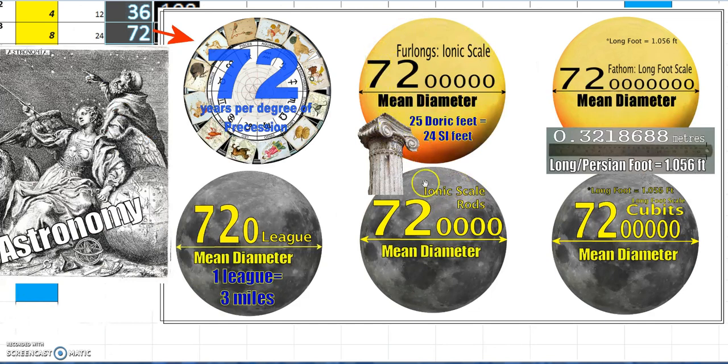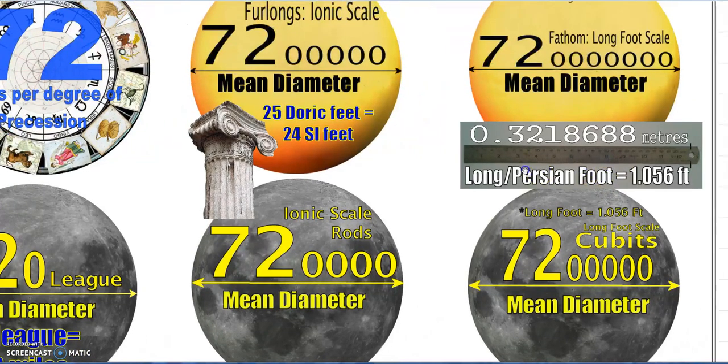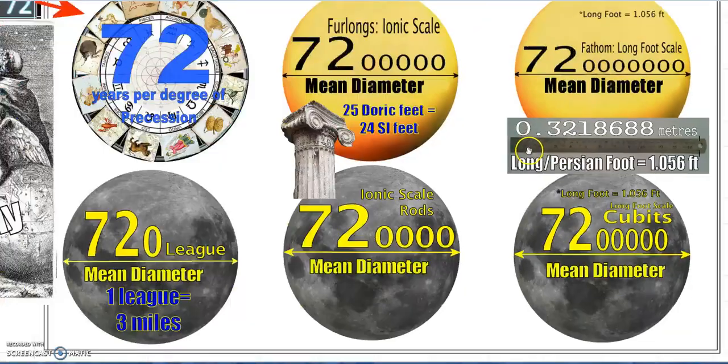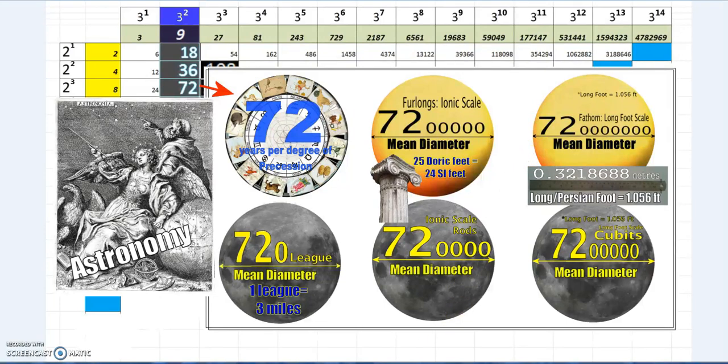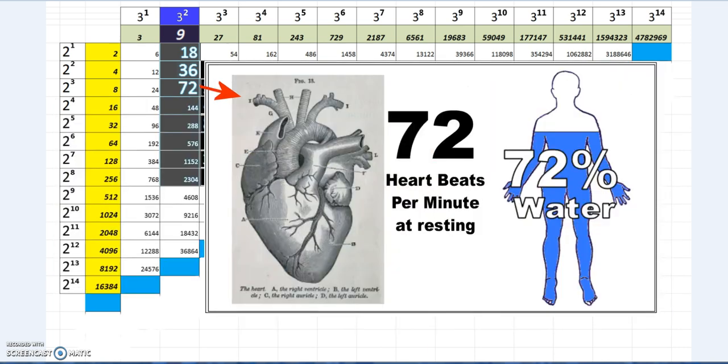Well, we see the sun and the moon coming together around the number 72 on the ionic scale, but also around the number 72 we see the sun and the moon coming together around this long foot, this Persian scale, which again, towards the end I'm going to do a repeat and a focus just on the long scale to show how important it is and how it connects to so many other important aspects. It is something of a conversion tool for these harmonic charts as well. Just measure, the truth will set you free.